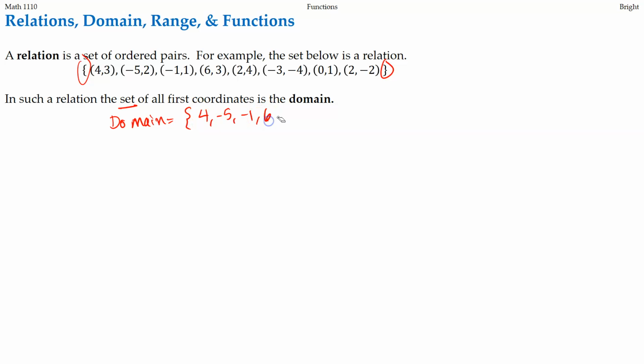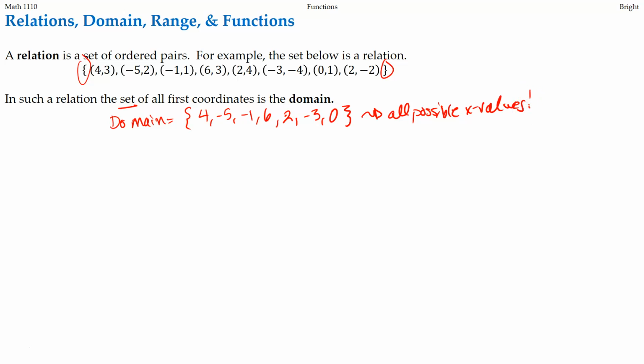I'm just picking off the first coordinates. 2, let's back up. 6, 2, -3, 0, and 2 is already in here, so I don't need it again, and so I would just end like that. So this is going to be the domain. Generally, if you want to think about this in terms of x and y's, domain is all possible x values.